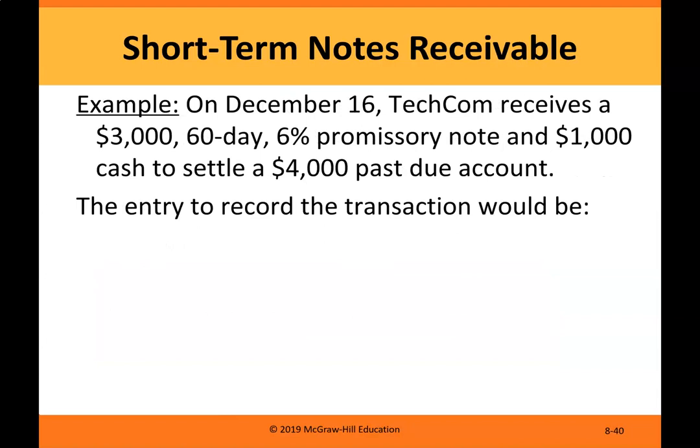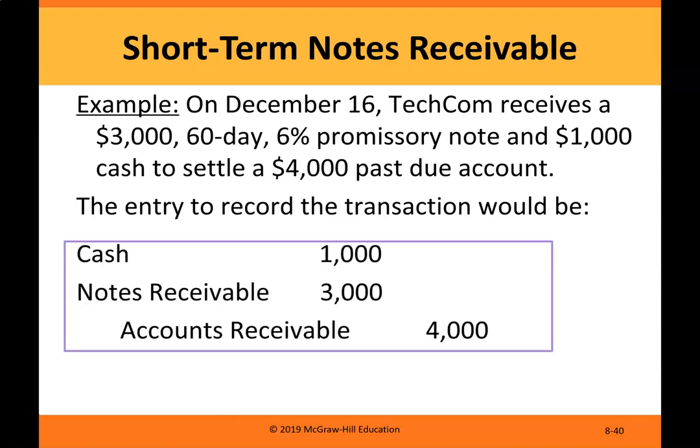On December 16th, TechCom receives a $3,000, 60-day, 6% promissory note and $1,000 cash to settle a $4,000 past due account. The entry would be debit cash $1,000, debit notes receivable $3,000, credit accounts receivable $4,000.